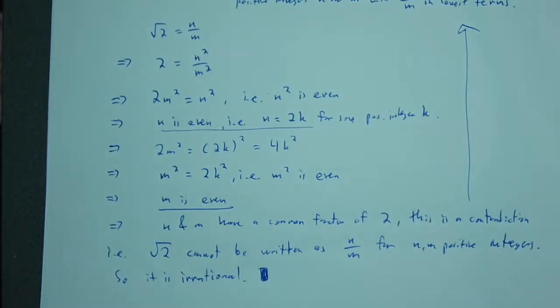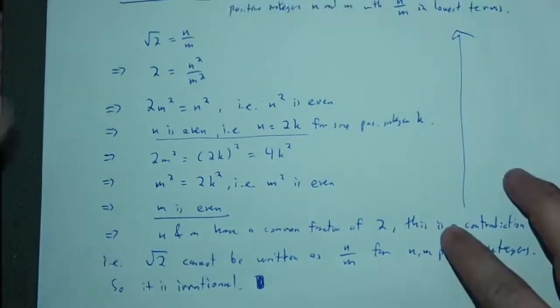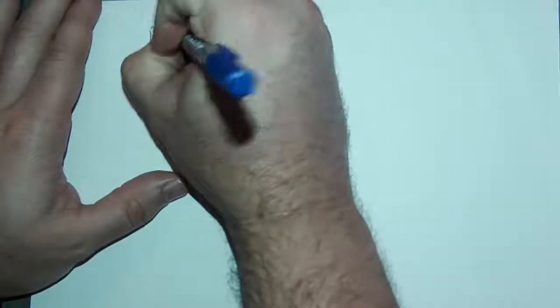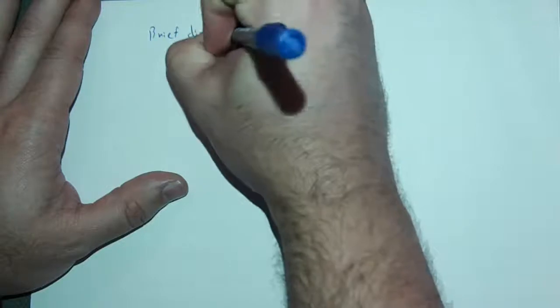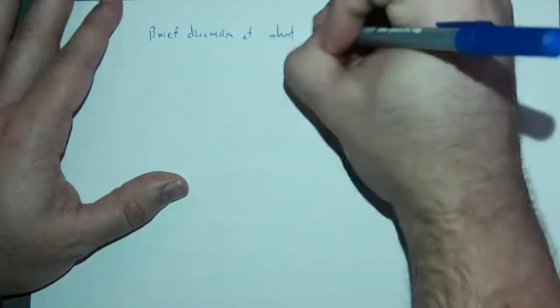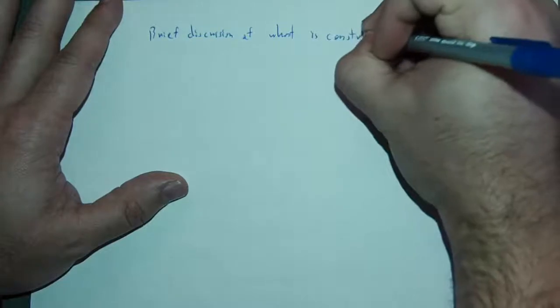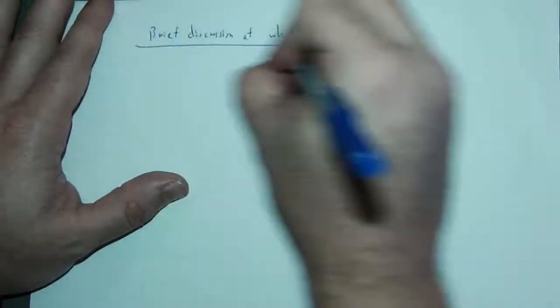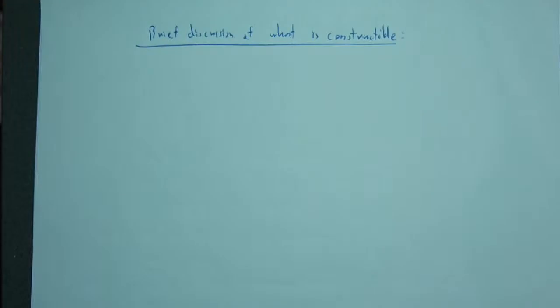So returning back to this question of what can be constructed, a brief discussion on what can be constructed. Of course, when we say constructible, we mean by compass and straight edge.